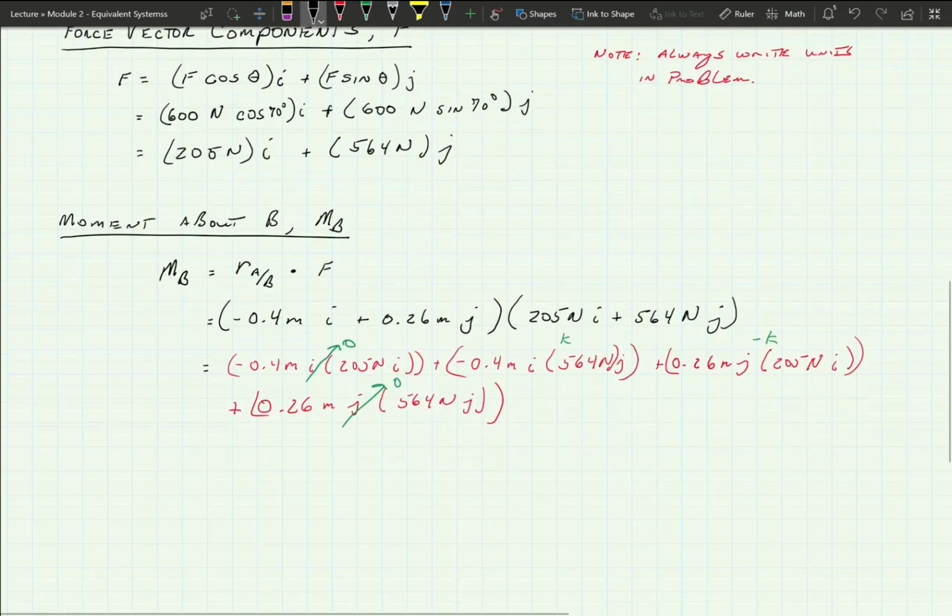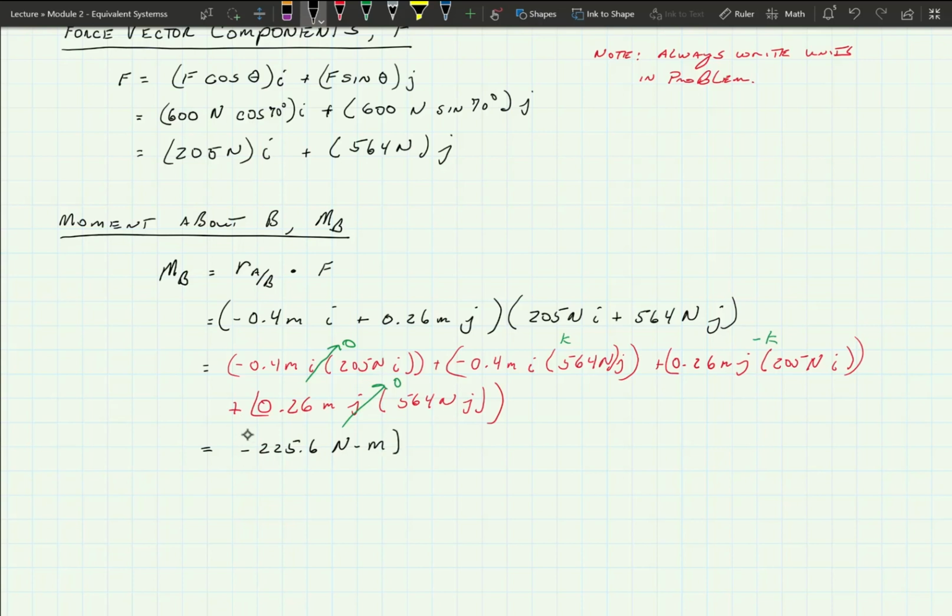So what we're getting in the solution is this. We're going to get negative 225.6 Newton meters, because we're multiplying meters and the Newton, so it's Newton meters. Write it out this way.